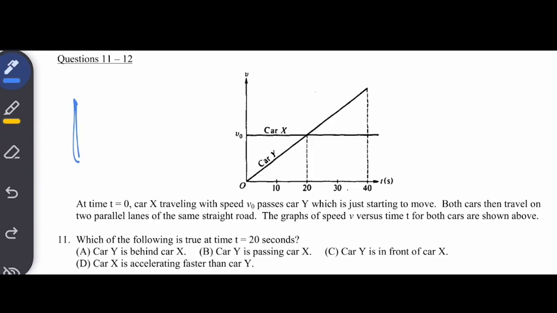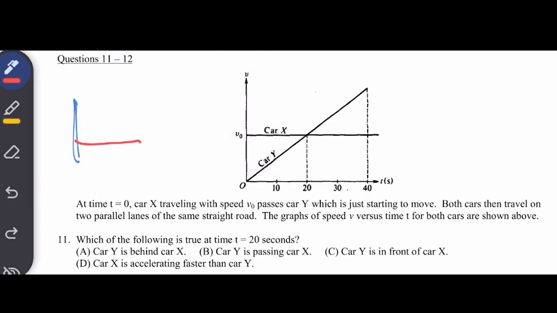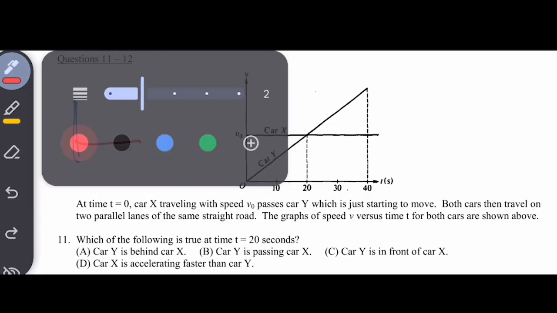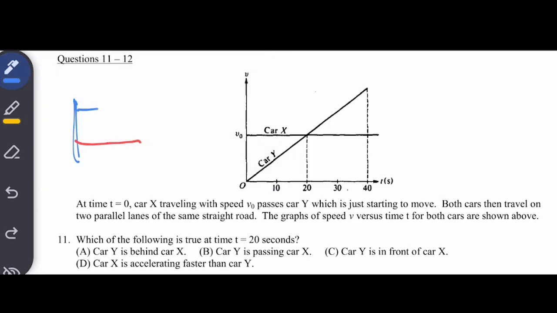We know the displacement for car Y is just 10 V0. And we know that the displacement for car X is 20 V0, meaning that they've covered a greater distance compared to car Y, leading us to our answer choice being A, car Y is behind car X.